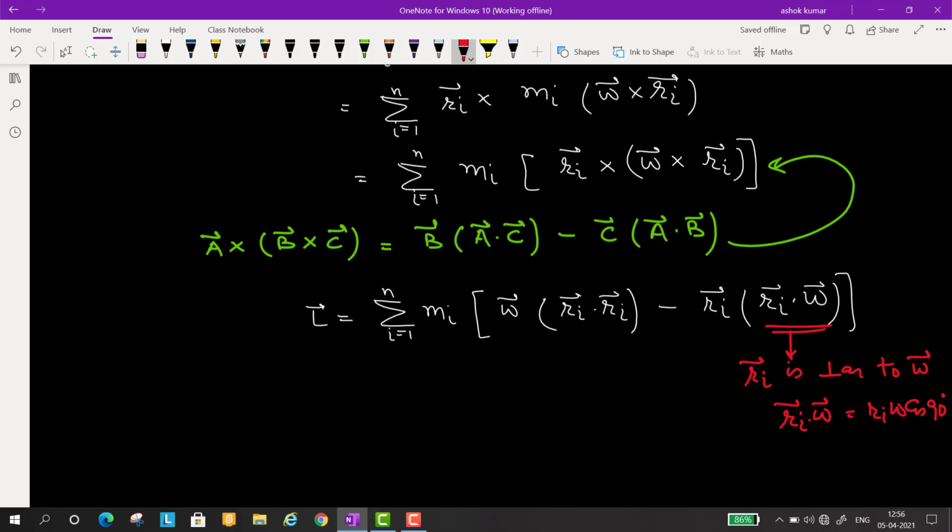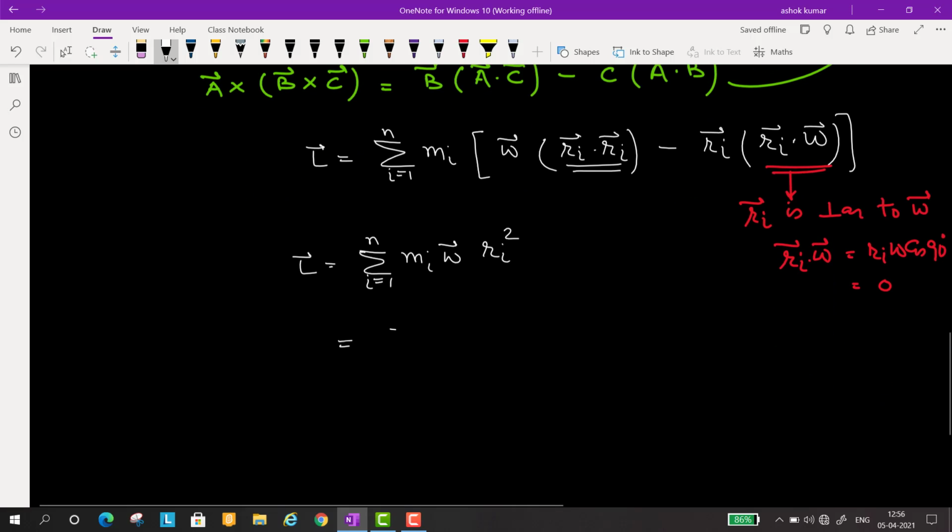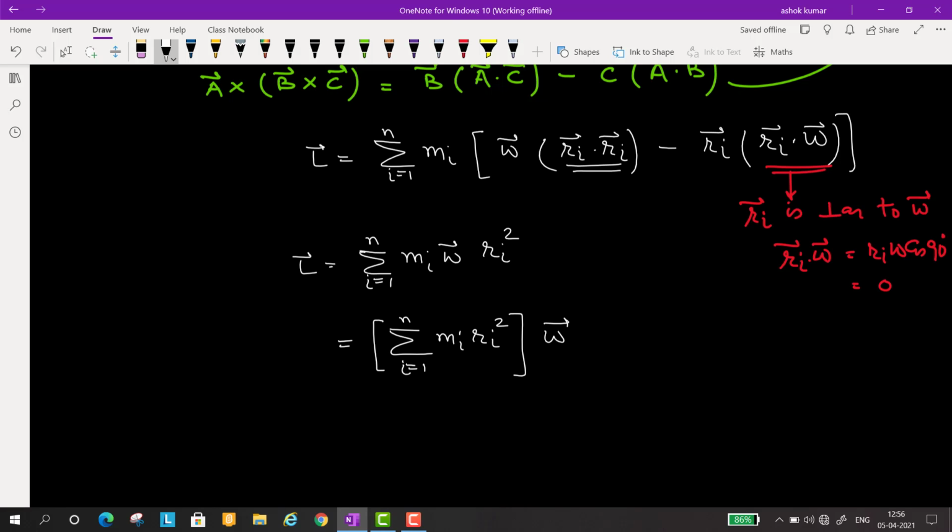A dot B is AB cos theta, which will be 0. So this relation will reduce to summation i 1 to n mi omega ri dot ri, it is ri square. A dot A is A square. So we can write it like this: summation i equal to 1 to n mi ri square into omega vector.